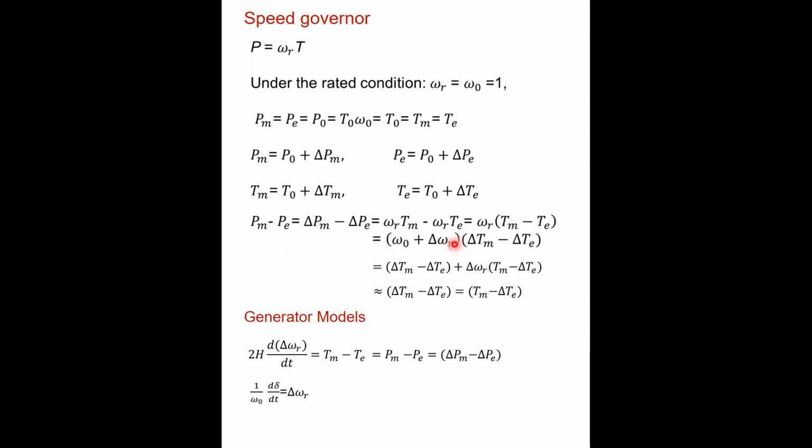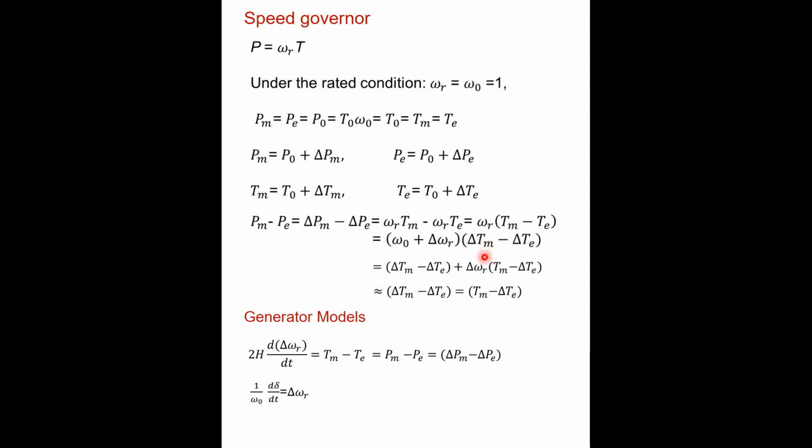And this can be further written down in this way here, because this was the original speed, the rated speed, and then there is the angular speed deviation. And because this is power, the power is omega times T. So what is the change in the torque from the mechanical and the electrical side?